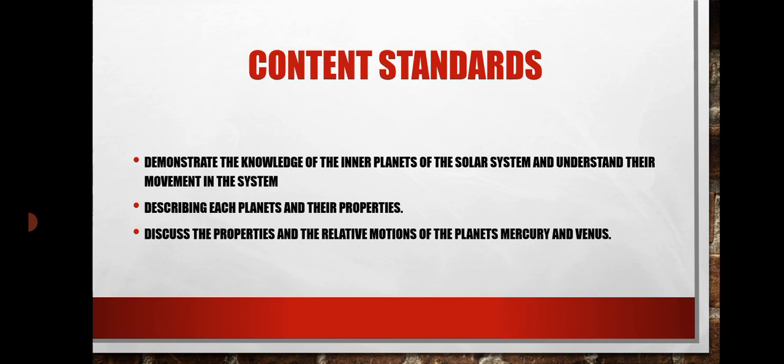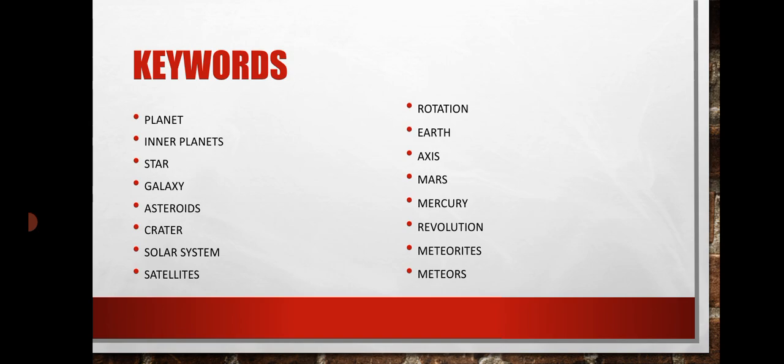But before we go, let's look at the keywords that we will be meeting in our lesson. 1, we have the planets. 2, the inner planets. 3, the star. 4, galaxy. 5, asteroids. 6, crater. 7, solar system. 8, satellites, rotation, Earth, axis, Mars, Mercury, revolution, meteorites, and meteors.